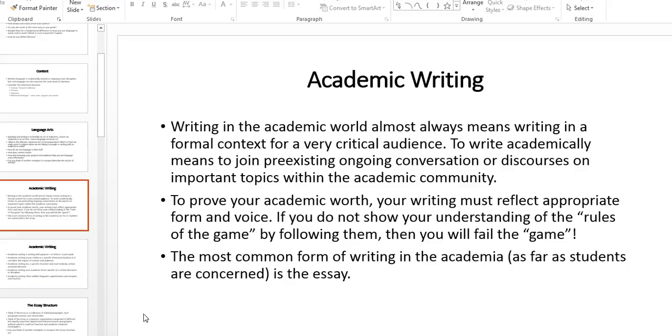Academic writing, and of course that includes your undergraduate studies, and if you should go on to your graduate studies, you most certainly include that as well. But of course, as a graduate student, you would have to be specialized in certain scholarly discourses. But anyway, let's talk a little bit about academic writing and what it means to write academically.